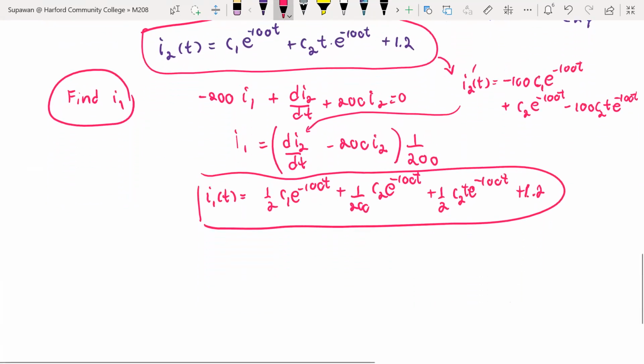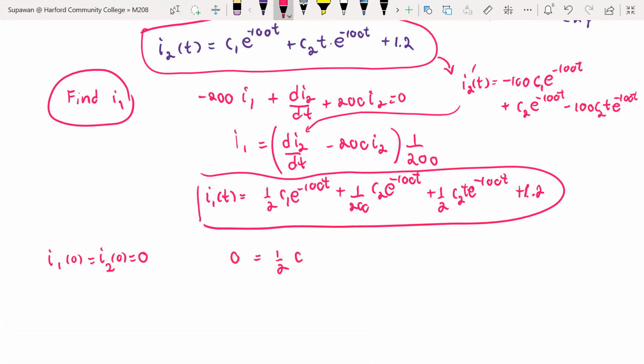Next, we're going to use the initial conditions. As stated, I1 at 0 equals I2 at 0 equals 0. Substituting into I1 and I2 to find C1 and C2. So for I1, 0 equals 1/2 times C1 plus 1 over 200 times C2 plus 1.2.